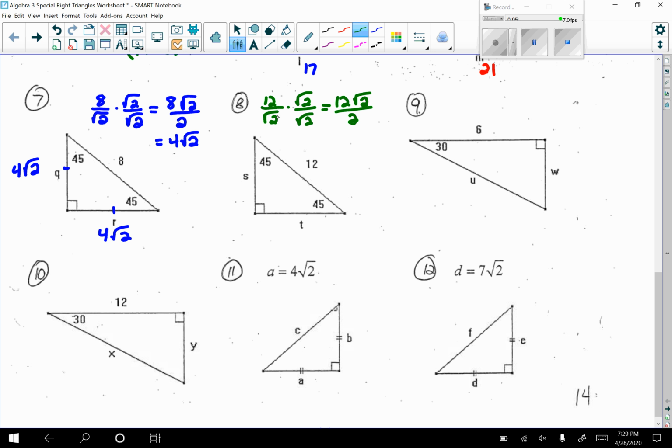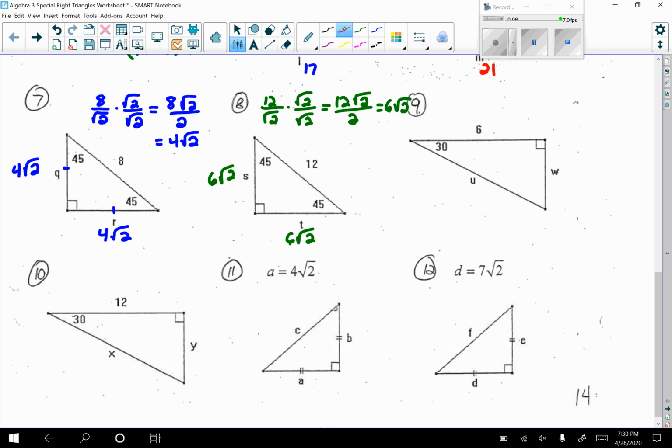Notice when we took 12 and divided by radical 2, it became 12 radical 2 over 2. So if you catch on to that, by all means, you can use that as a way to get to the answer a lot quicker. So then this just becomes 6 radical 2 for T and S. Also, if you took 6 radical 2 and multiplied it by radical 2, that would give you the 12. So that's also another way to check.